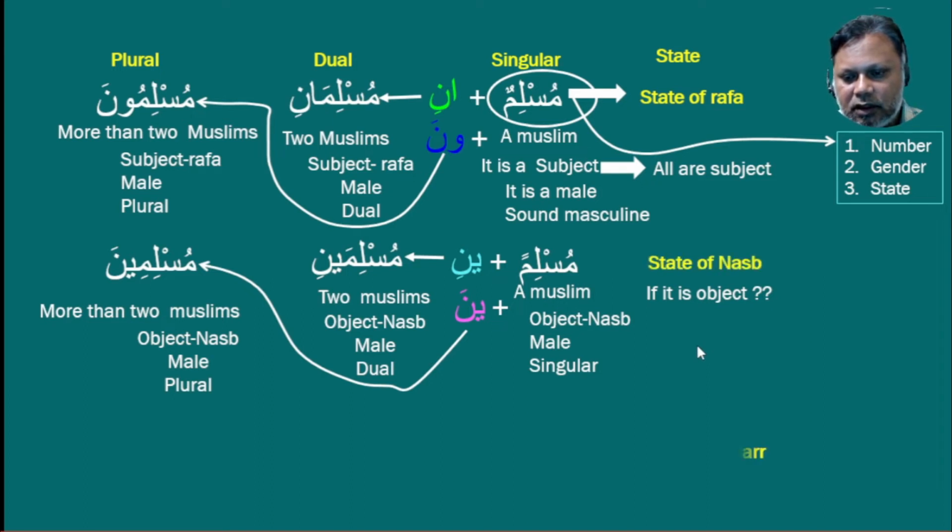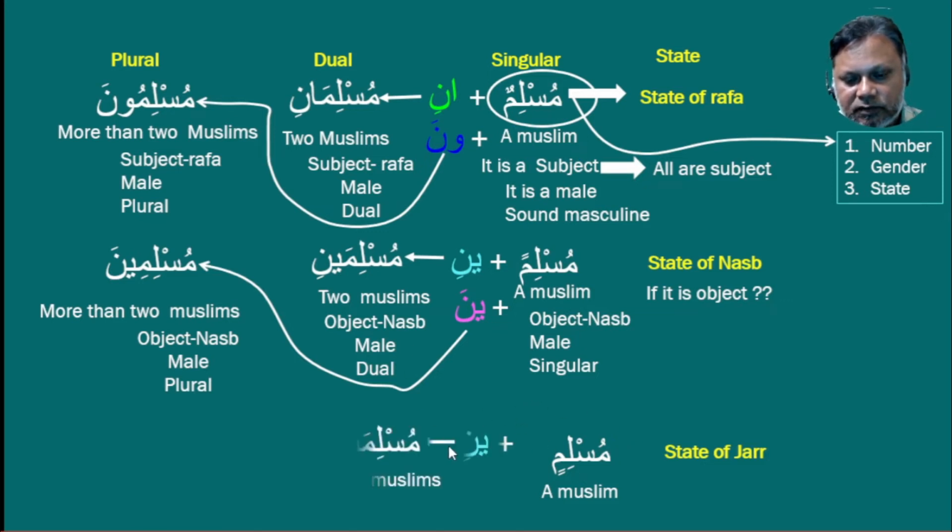Now, if we want to make the word in jar state, then we have to use Muslimin. Muslimin means a Muslim. It is a singular number. It is a state of jar. Now, if we want to make this jar state into dual, then we have to add ini.